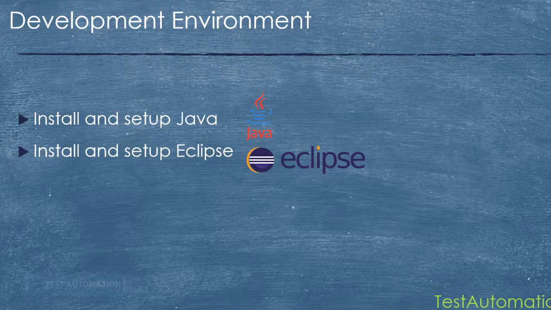We can all combine together into one environment and work from there. In this two-step process of setting up your development environment, first, we will check if you have Java installed on your machine. Number two, once Java is installed, we will download and install Eclipse.